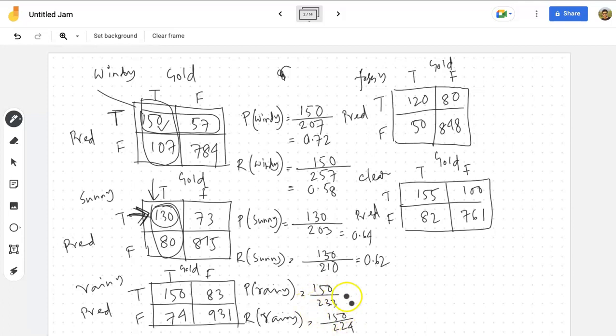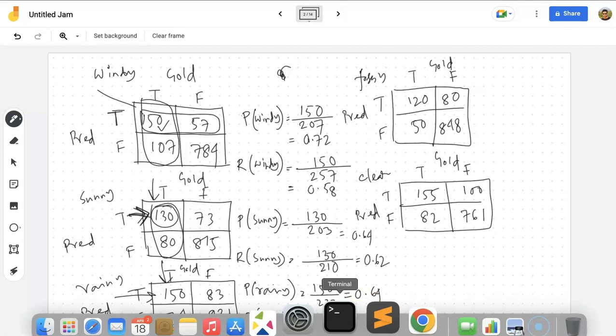The 233 comes from the summation of this row, and the 224 comes from the summation of this column. So it will be 0.64 and around 0.67. The calculation may be slightly wrong, so just check.